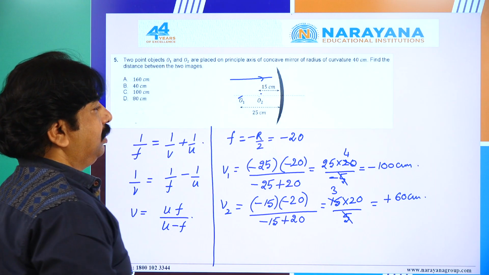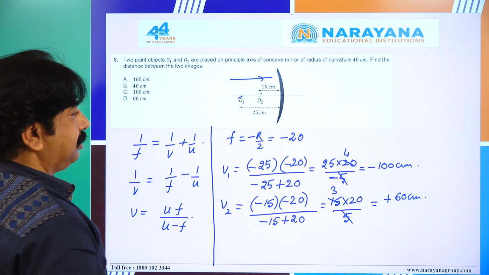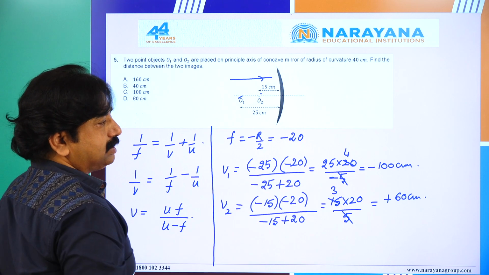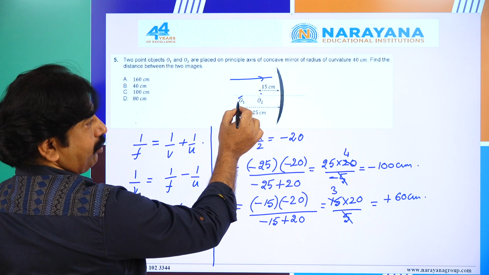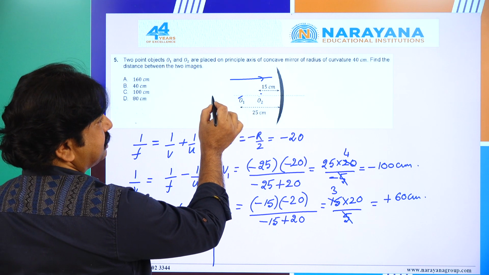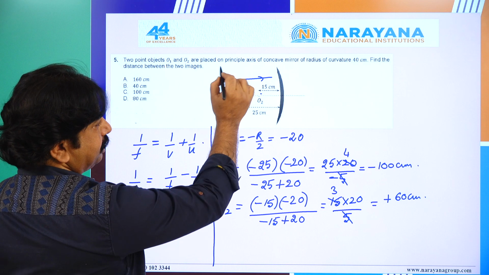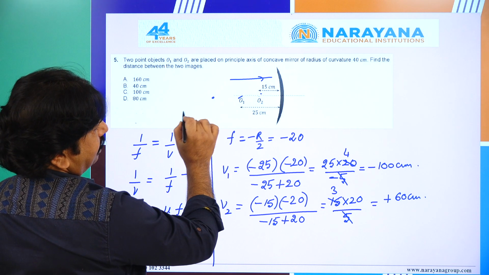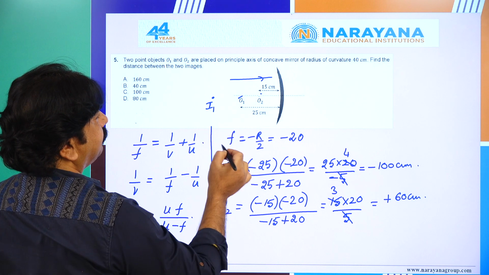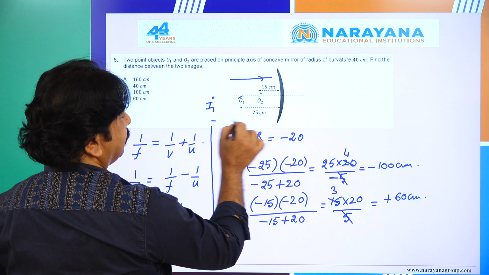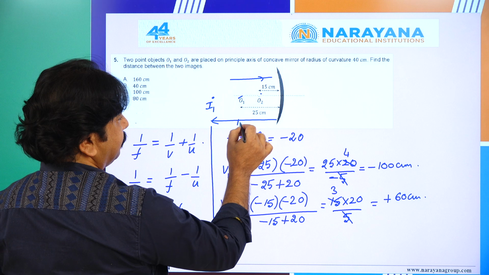So as per the diagram, v1 is minus 100 centimeters, means the image due to O1 forms this side. That is nothing but the image position I1. The distance of this one is 100 centimeters.